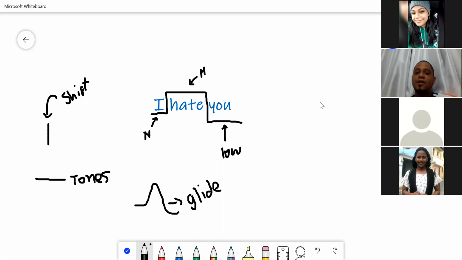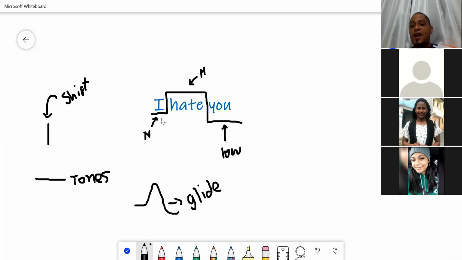Okay, very good. So it shows us when there is a change from one tone to another tone, right? For example, here we are in normal tone. We have a shift. That means that the tone is going to change, whether it goes up or down. If it goes up, it is the high tone. If it goes down, it is the low tone.